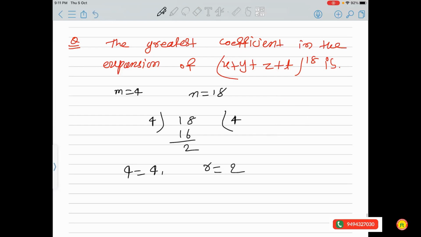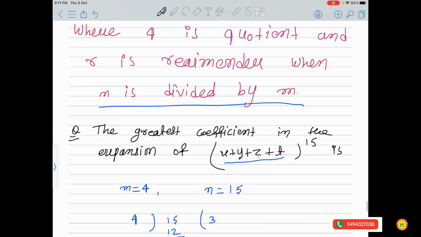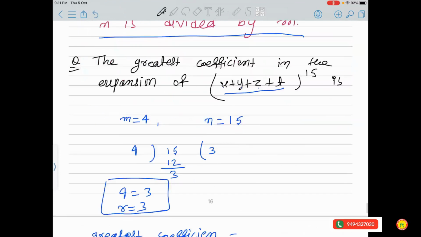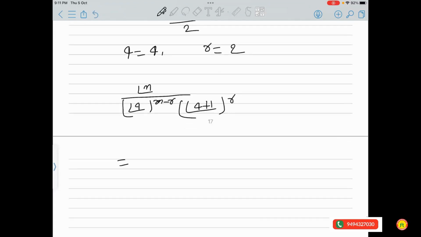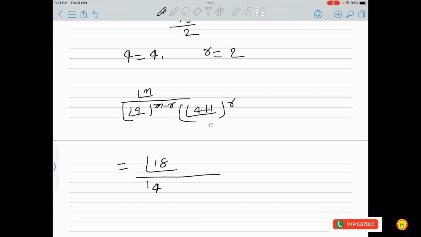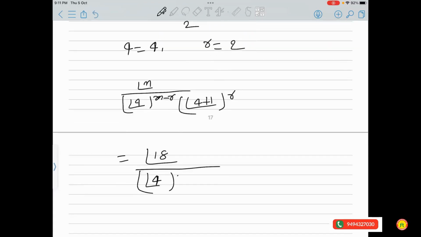So for the greatest term, put in this formula, right? Got it? n factorial upon q factorial power m minus r, and q plus 1 factorial power r, right? So here 18 factorial, and q is 4 factorial power m minus r. m is 4, r is 2, so 4 minus 2, and q plus 1, 5 factorial power r, which is 2.